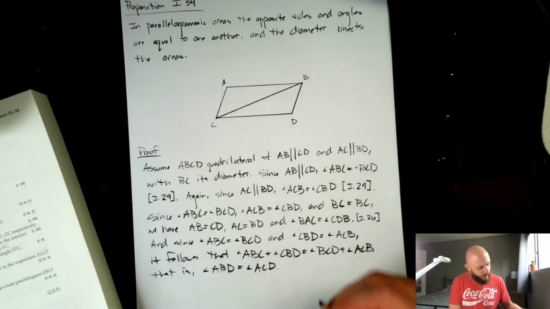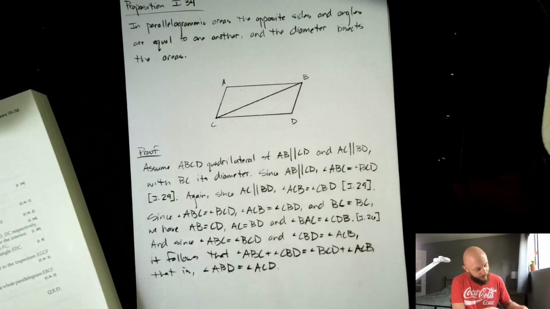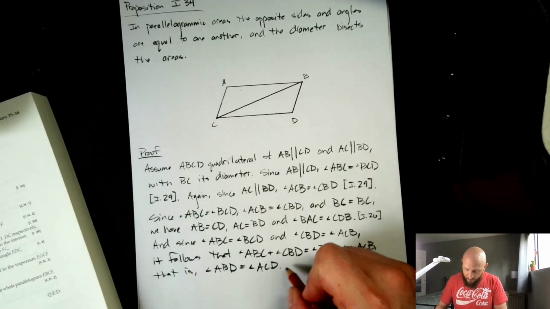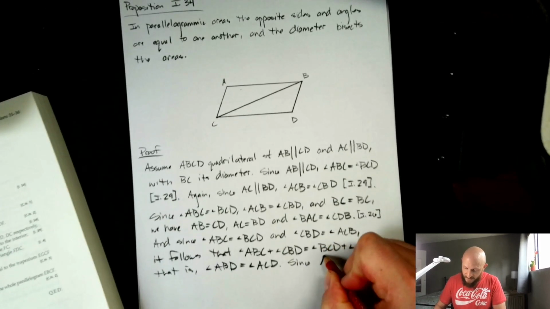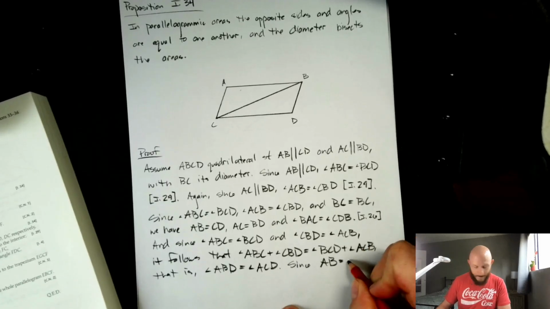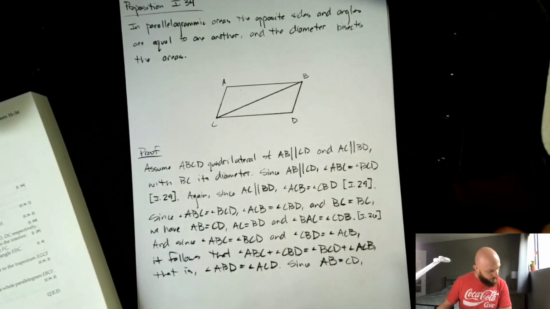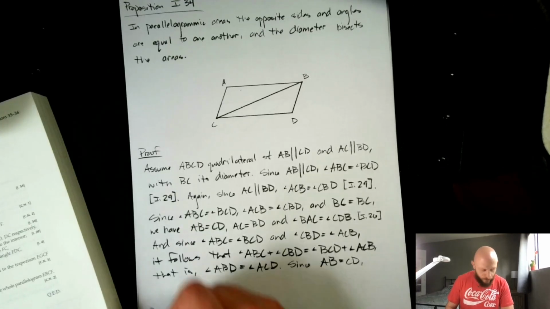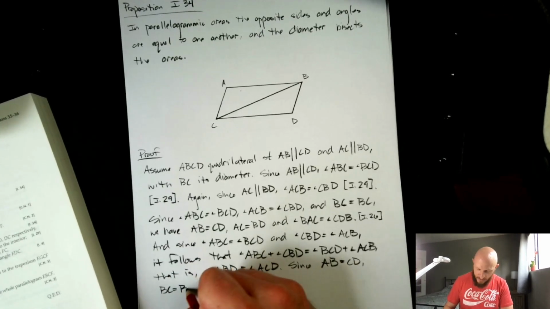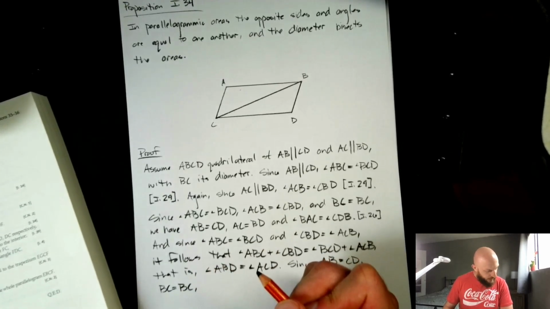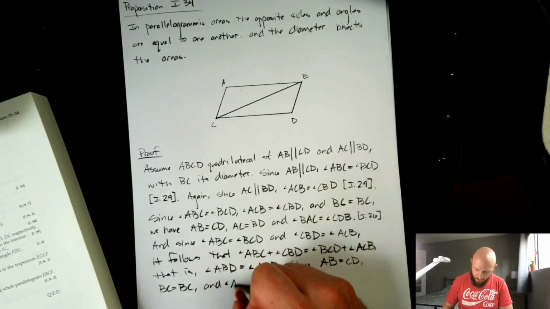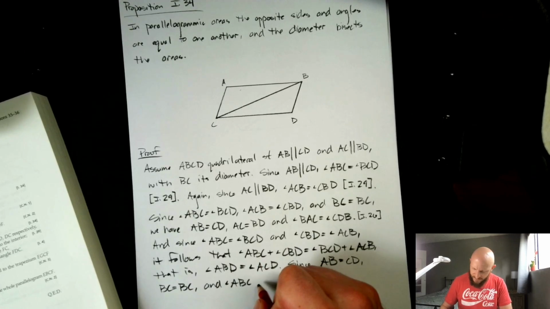Well, let's see, I'll follow along with what he says rather than doing my own thing. Since AB equals CD, BC equals BC, and angle ABC equals angle BCD.